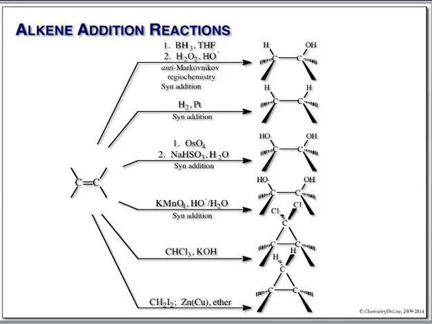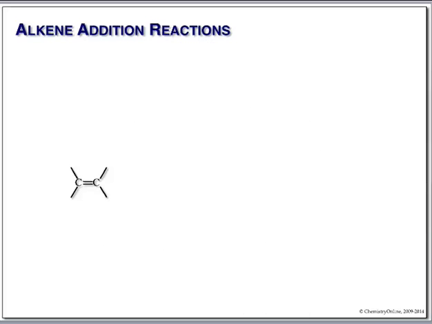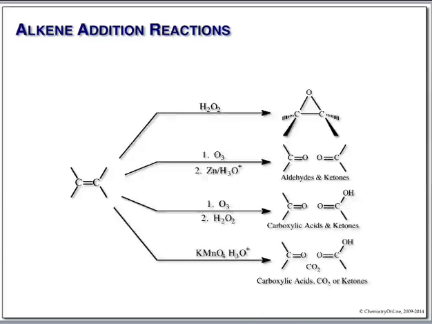Osmium tetroxide, permanganate, we're going to form cis-1,2-diols. We're going to do carbene reactions where we form cyclopropane additions to our double bond. Finally, we're going to wind up the chapter talking about oxidation. If we add peroxide, we can get epoxides.